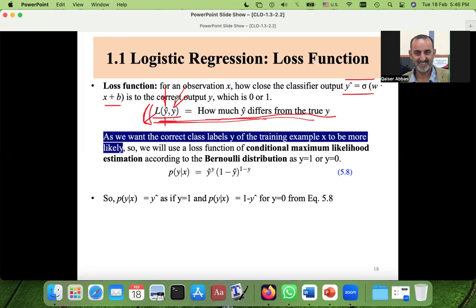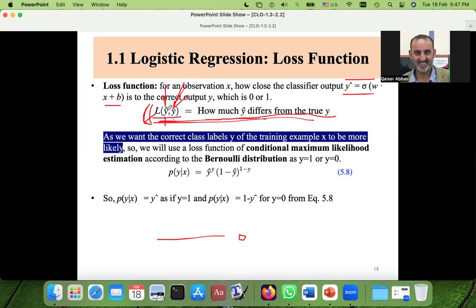We want that for this thing which is available in the data set, for example, one row and its decision, the model predicts this class y most of the time. When I say most likely, it means probabilistically. So it means that I have to use some probabilistic equation here.